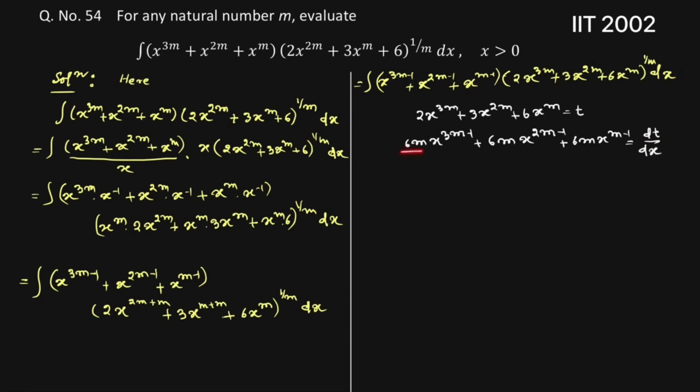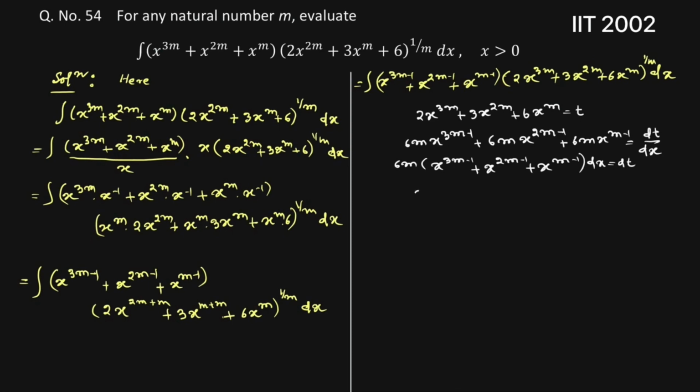Now we take 6m common from these 3 terms. 6m times x to power 3m minus 1 plus x to power 2m minus 1 plus x to power m minus 1 dx equal to dt.